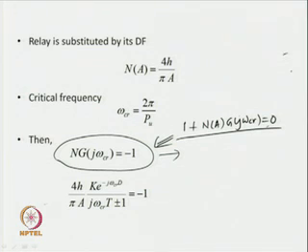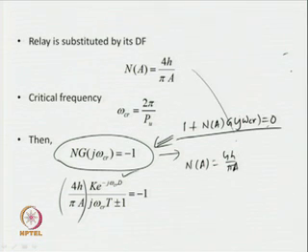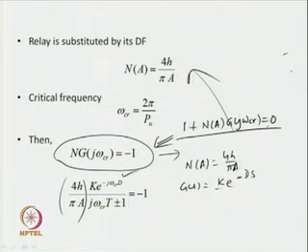Now, substitution of N(a), which is nothing but 4h/(πa), and G(jω_cr) gives us the equation (4h/(πa)) · k e^(-jω_cr d)/(jω_cr T ± 1) = -1, because N(a) = 4h/(πa) as we have seen earlier, and G(s) = k e^(-ds)/(Ts ± 1).